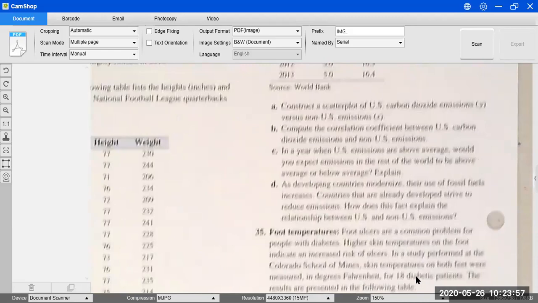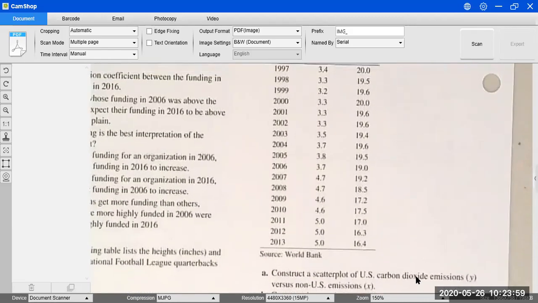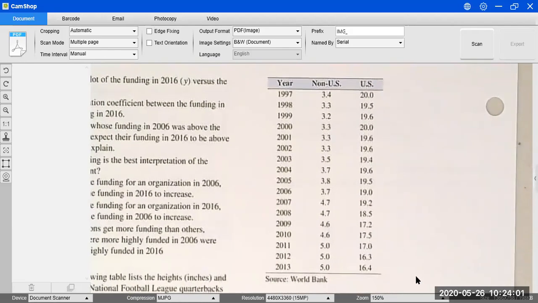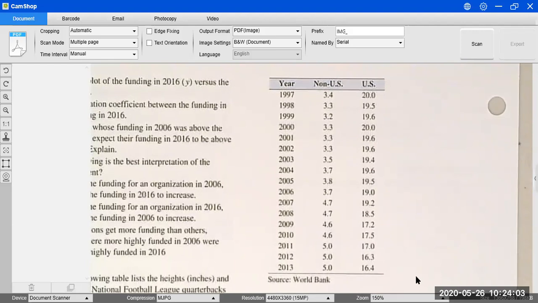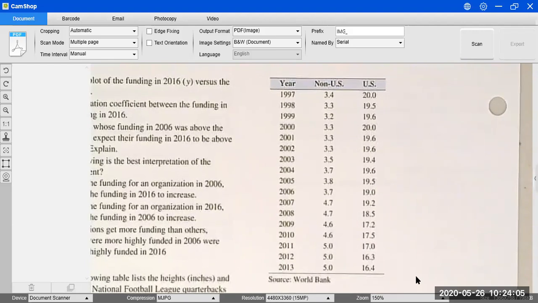So we have the year, and we have the carbon dioxide for countries that are not the US, and also carbon dioxide from the United States. That's the second column.